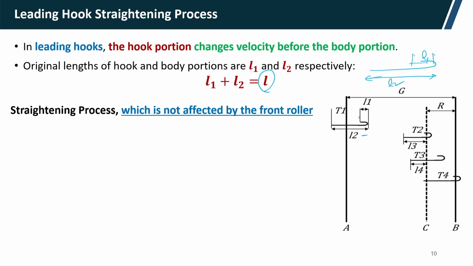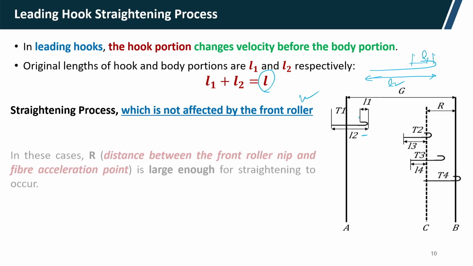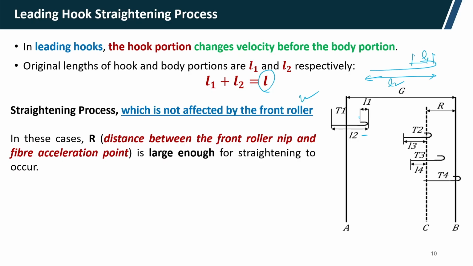Straightening process which is not affected by the front roller, in this case. We told that there will be two situations. One is the straightening process which is not affected by the front roller, another is affected by the front roller.